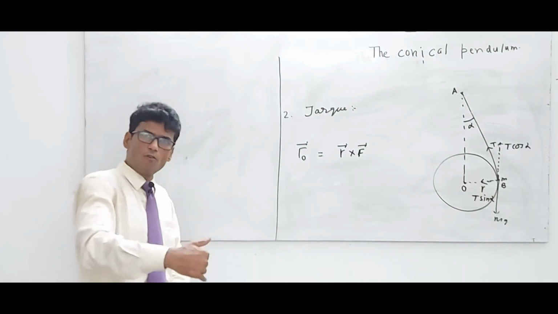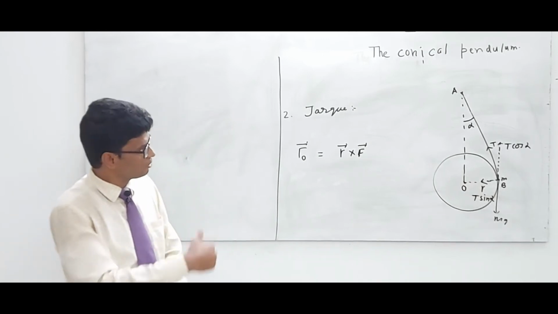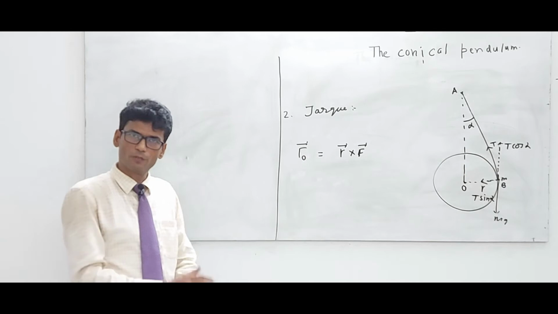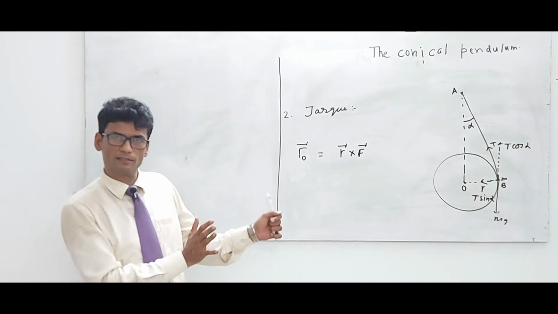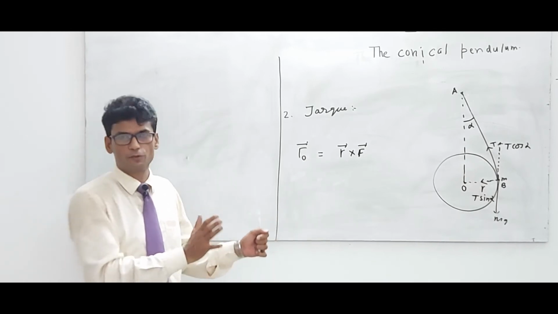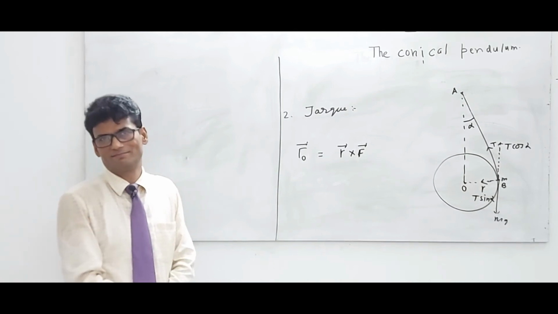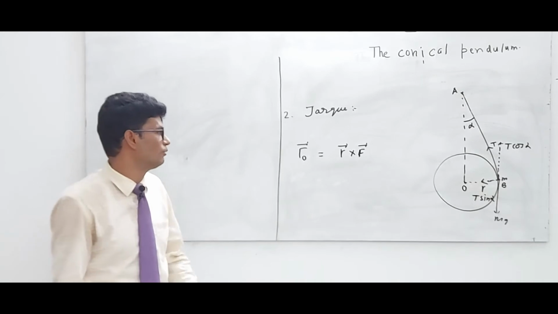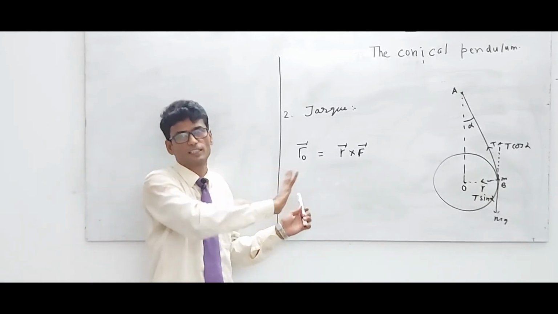In the course of motion, T cos alpha balances mg. So these two forces altogether give you zero resultant. If the force is zero, the torque will automatically come out to be zero.